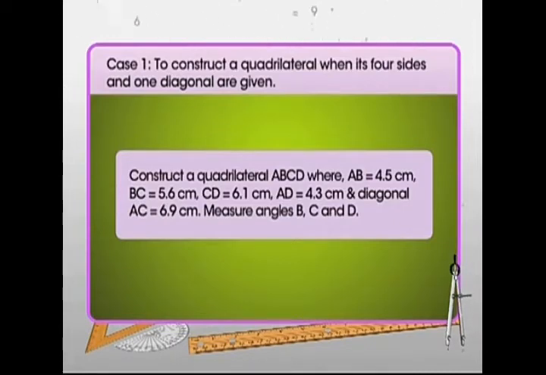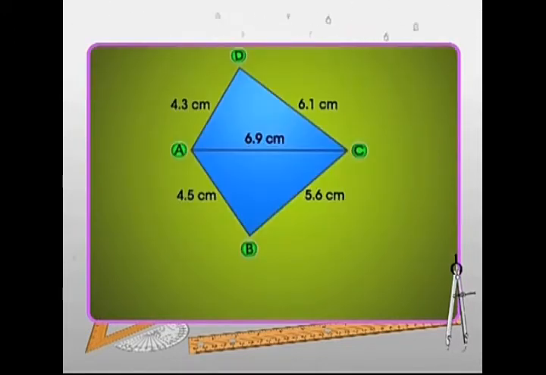Also, measure the angles B, C, and D. You now want to check out the steps for constructing the quadrilateral ABCD. Well, here they are.